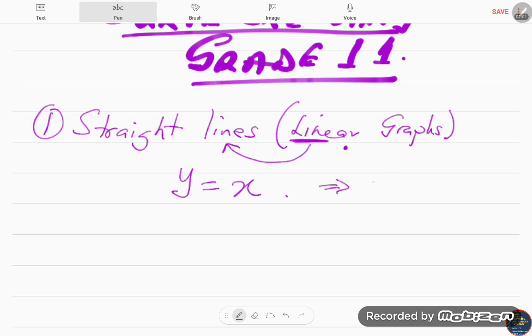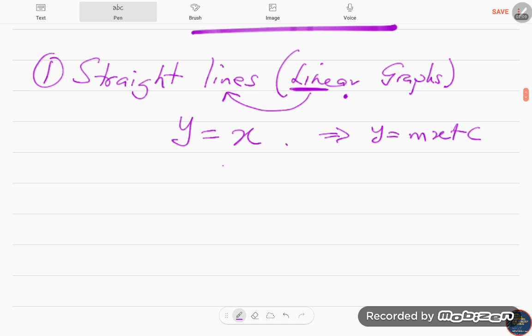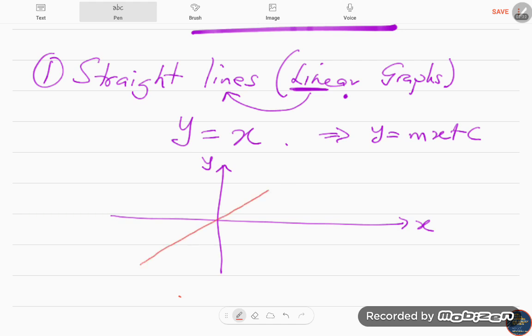But we see it in its expanded form as being y equals mx plus c. But this is the basic graph, the y equals x one. And this graph, something like that. Okay?